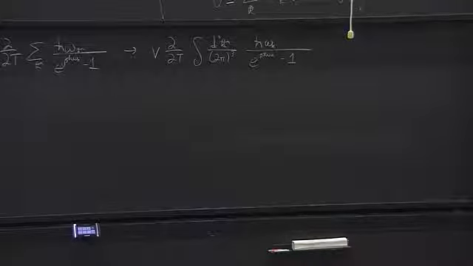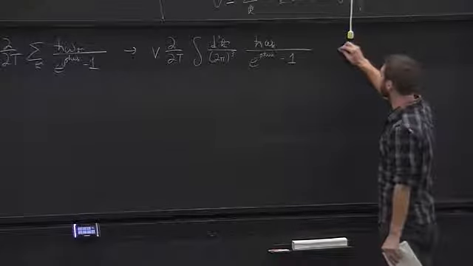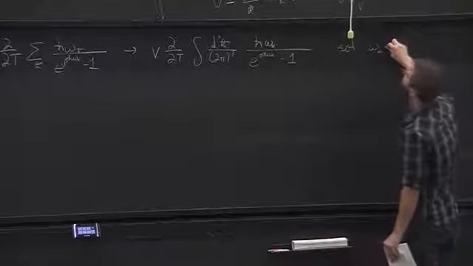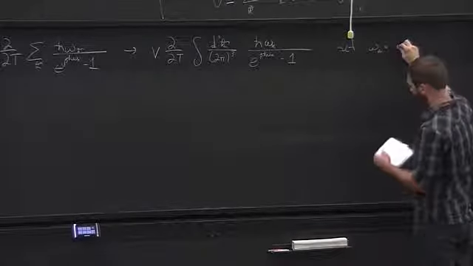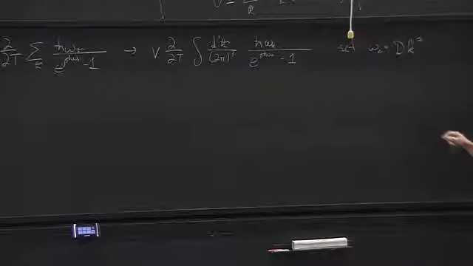Okay, so there's basically nothing you have to do different than you did for phonons, except set omega k equal to some constant. I guess I'll call it D k squared.